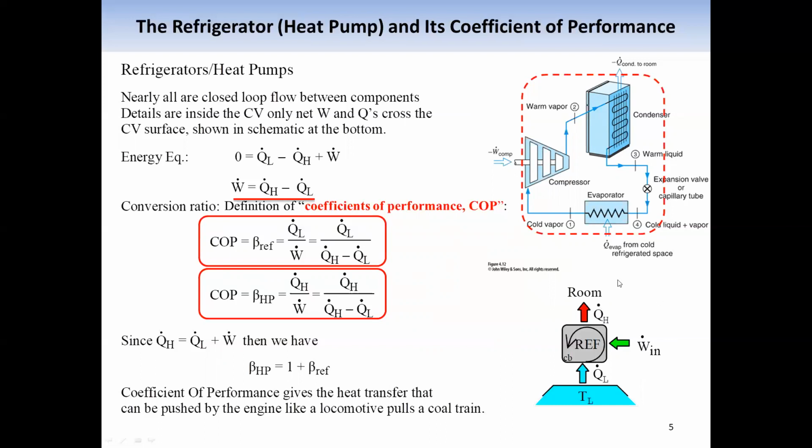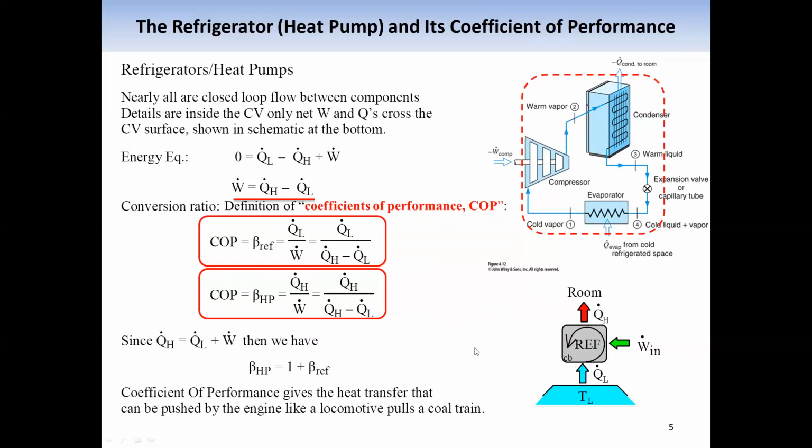And the energy balance yields this equation: the work required for this process to take place is the difference of the two Q terms. Notice again, in this diagram, and also in this equation, all these three terms are positive.